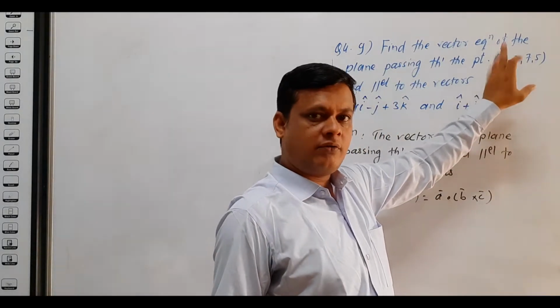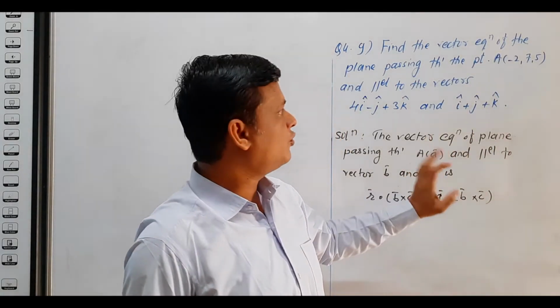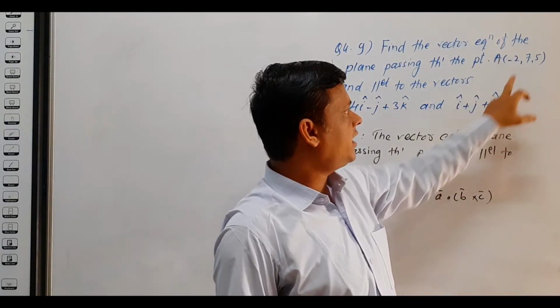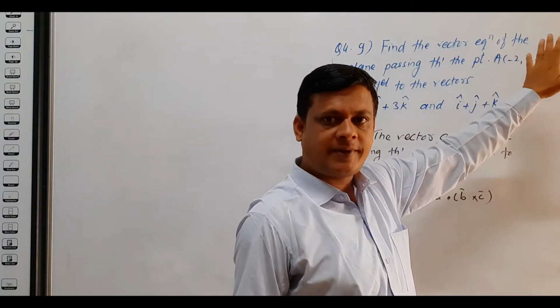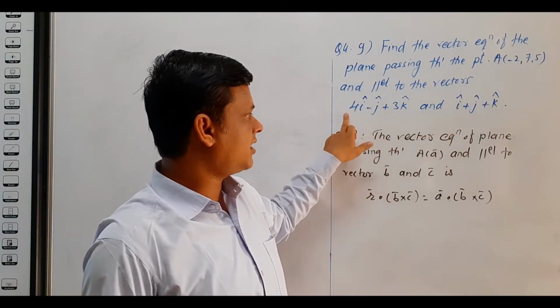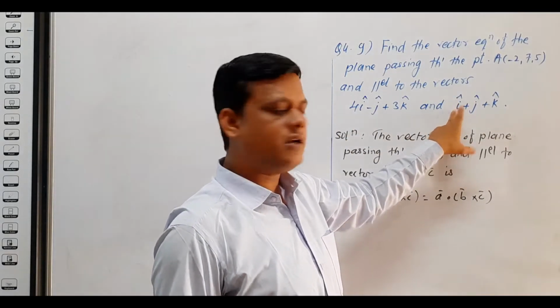From this, we take the position vector of point A as a-bar, so a-bar equals minus 2i plus 7j plus 5k, and these two vectors are parallel vectors. That means this vector is b-bar and this vector is c-bar.